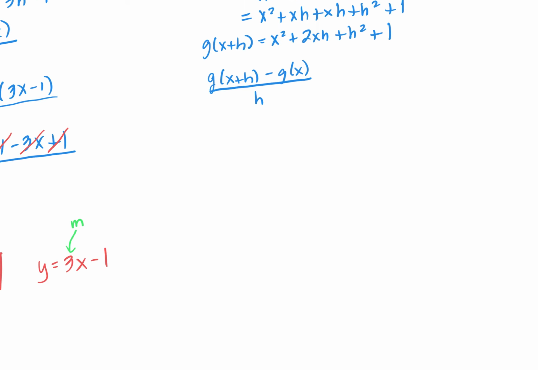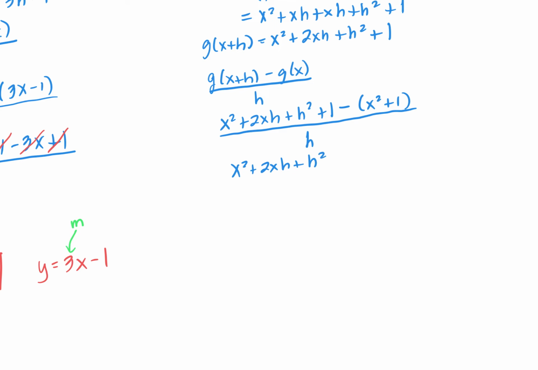So the g of x plus h, that would be our x squared plus 2xh plus h squared plus 1 minus g of x, which was x squared plus 1, all over h. X squared plus 2xh plus h squared plus 1 minus x squared minus 1 all over h.